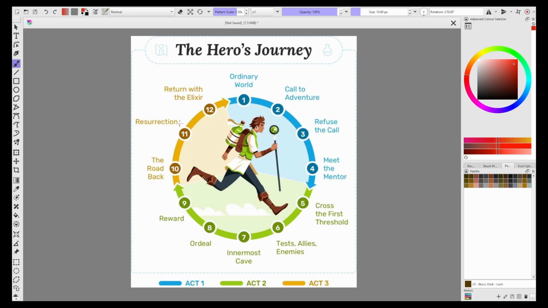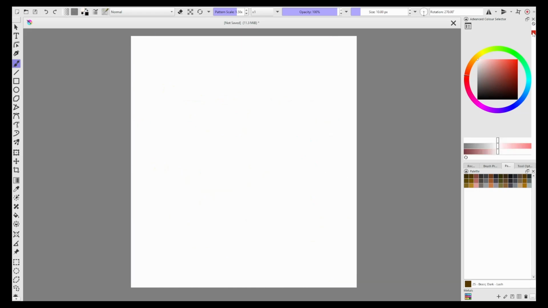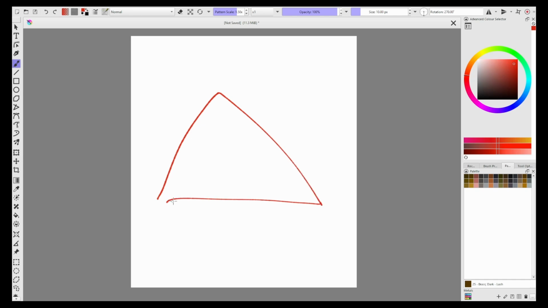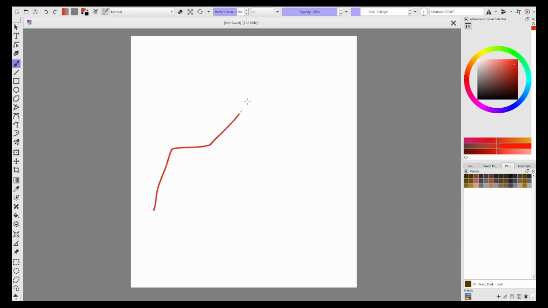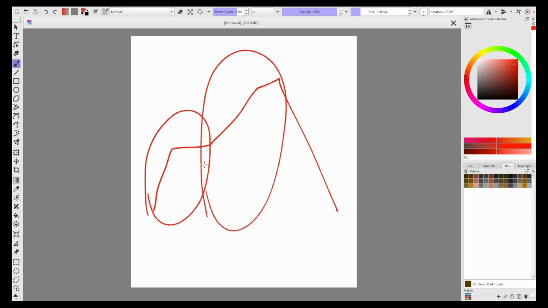However, when you see diagrams of the 3-act structure, quite often they'll look like, for example, a pyramid or a triangle, your beginning, your middle, your end, or they'll look like this step-like shape, where you have your Act 1 build up, your Act 2 conflict, the main part of the story leading into a climax, and your Act 3 resolution.